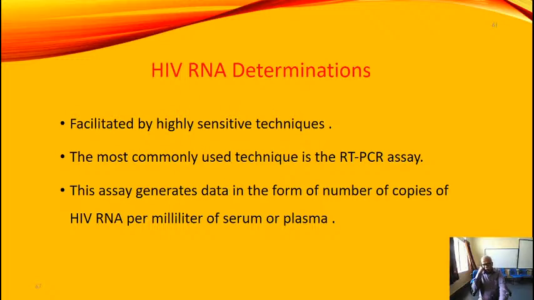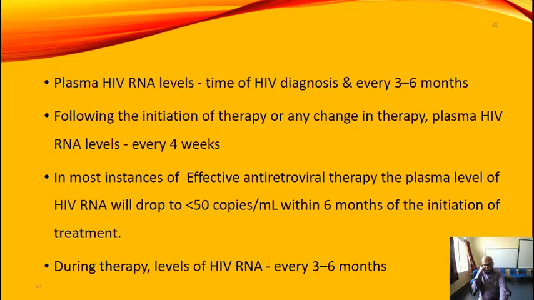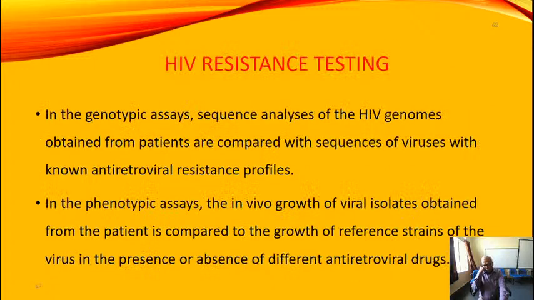So this is the viral load determination. And lastly, this is the only test that is actually remaining in today's class, that is HIV viral resistance testing. We have two types of testing, phenotypic testing and genotypic testing.